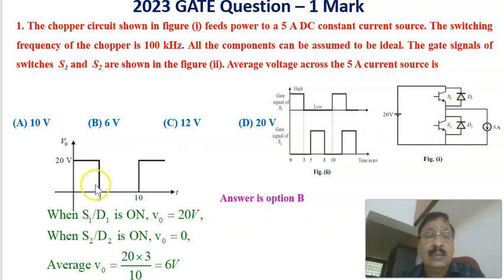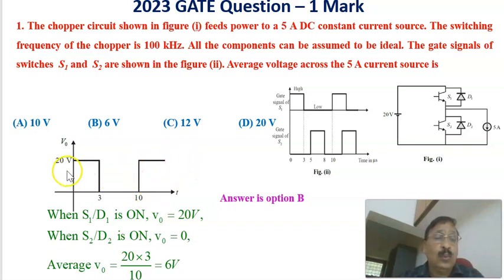The next 20 volts will be available only at the instant 10, when S1 is turned on again and you'll get a voltage the same as the input voltage, 20. Therefore, this is the voltage available across the constant current source: 20 volts from 0 to 3, and from 3 to 10, 0, and that is repeating.